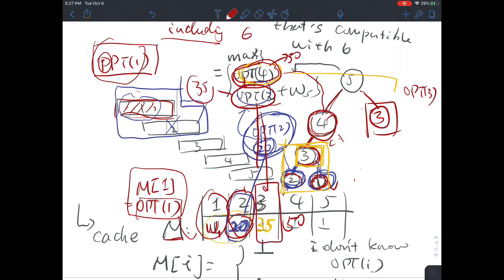I can directly use the 35 to replace that. I have computed it already, I know the solution is 35. So none of the nodes on the right-hand side of this recursive tree need to be expanded. No computation is needed at all.